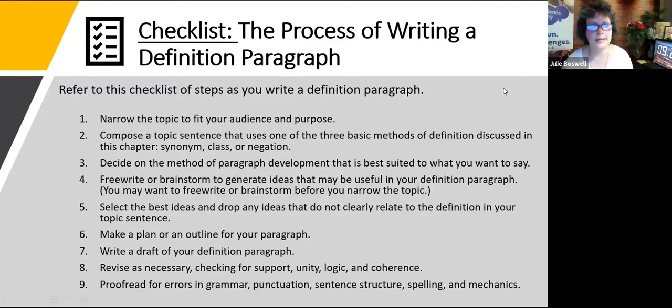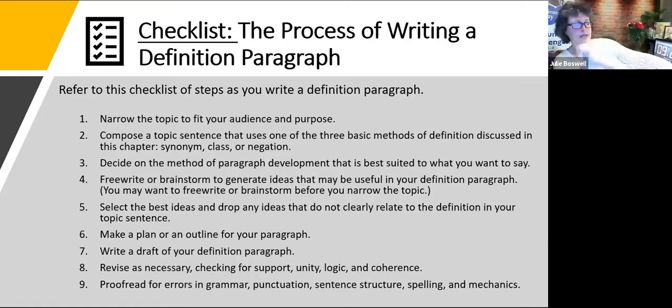Brainstorm is just kind of making a list of things that you might want to write about before you narrow the topic. Then you're going to move on to step 5, select the best ideas, drop any ideas that don't clearly relate to the definition in your topic sentence. That's going to be the schematic, the outline pattern for your paper.